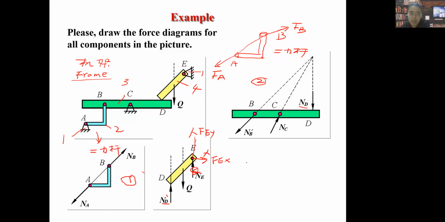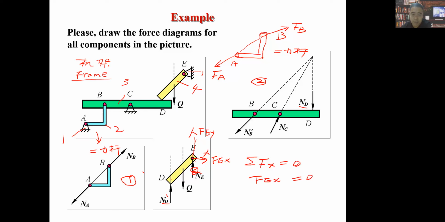Because later when we have the equilibrium equation, we give an equilibrium equation Fx equals 0. You will find actually for the whole body, of all forces along the x direction, there is only this Fex. There are no other forces along the horizontal direction. Because this body should be in equilibrium condition, this one should be 0.